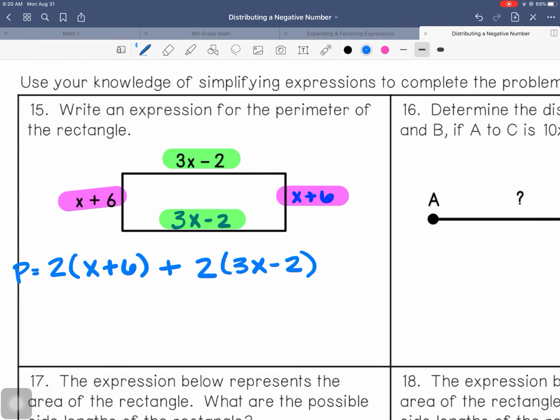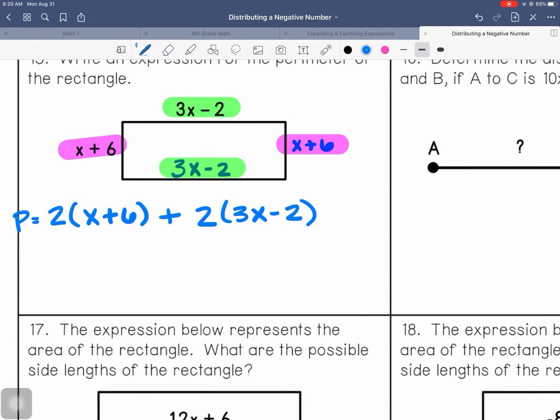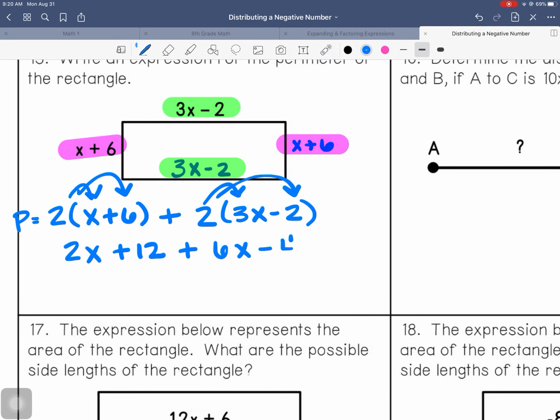So to start this, I'm going to distribute my 2. 2x plus 12. I'm going to do the same thing with the next expression, plus 6x minus 4.